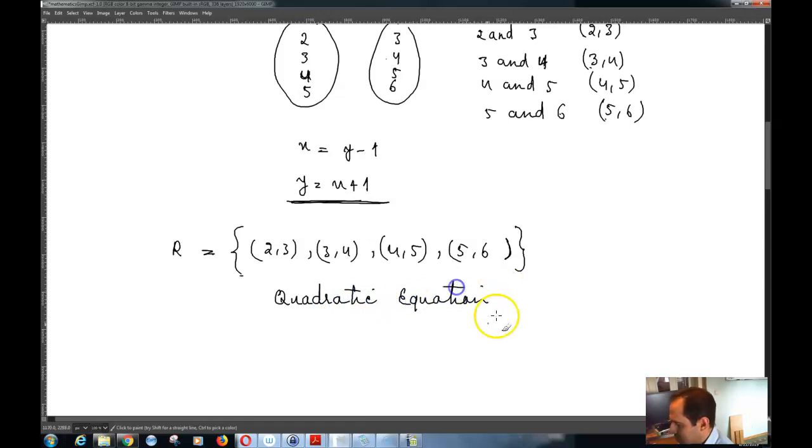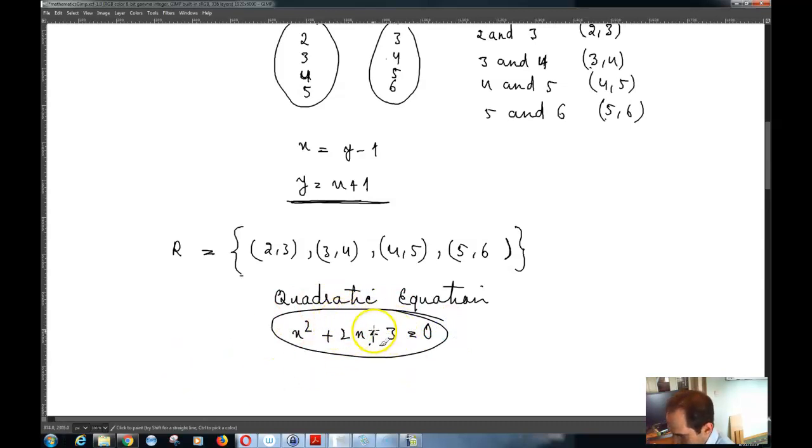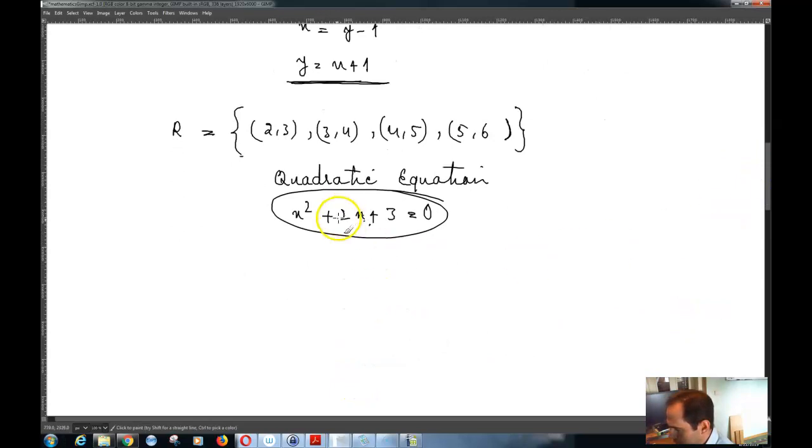And then, of course, these are in the form x squared plus 2x plus 3 is equal to 0, and then you're supposed to solve this equation. But it's not easy to figure out that this equation is nothing but a polynomial of degree 2. And we have talked about polynomials.